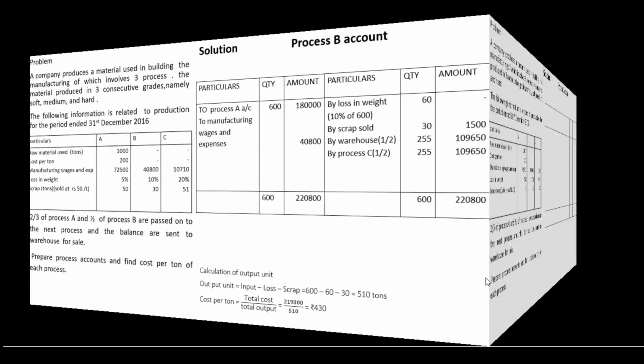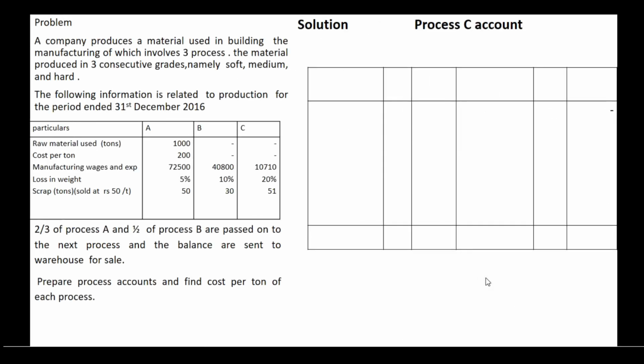And the next one, process C. So here also we draw the same format, that is the particulars, quantity and amount.